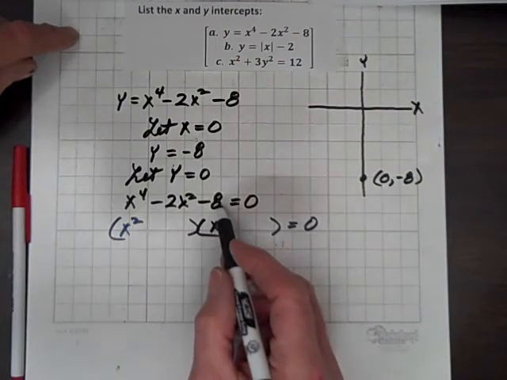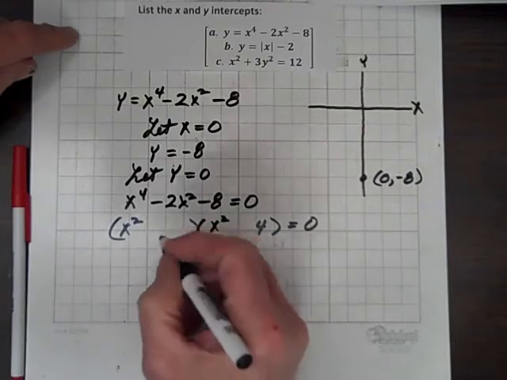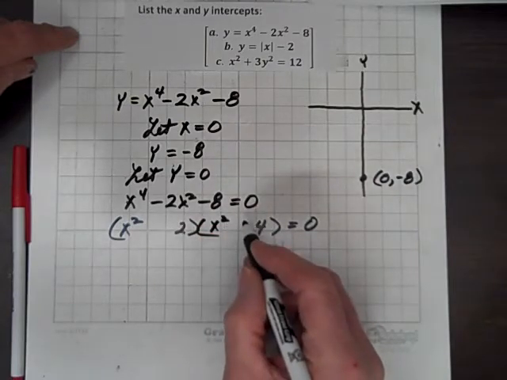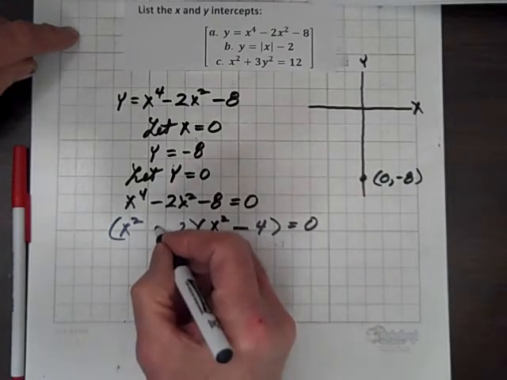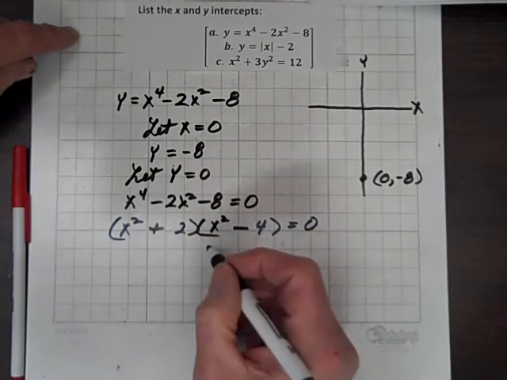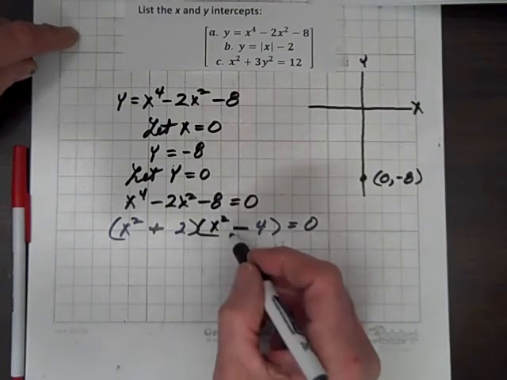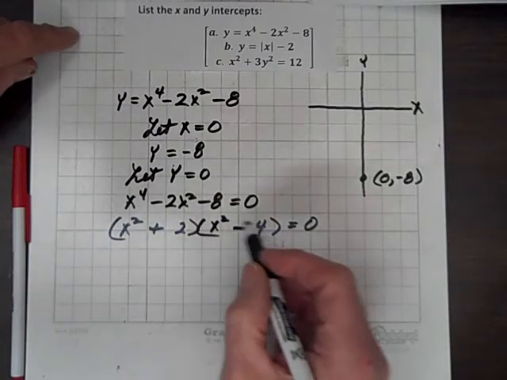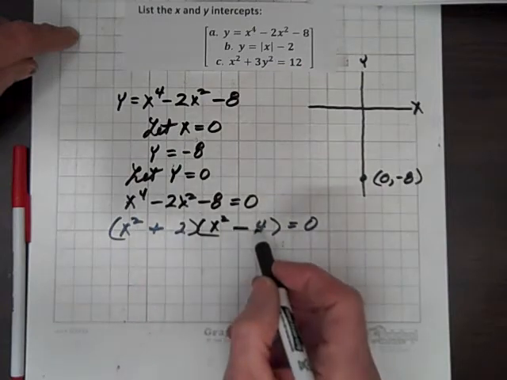Now the factors of 8 are 2 and 4, and we'll let 4 take on the negative and 2 take the positive. Now let's check this out. 2 times negative 4 is negative 8. 2x squared minus 4x squared is negative 2x squared. So we have factored this correctly.